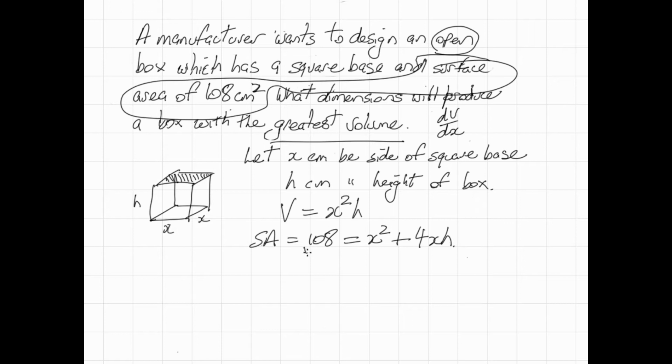Now, looking at that, we can rearrange to get one of these variables, x or h, by itself. Now, looking at x, it's very, very difficult to get x by itself here. So I think h is going to be the way to go. So we take the x squared over the other side.